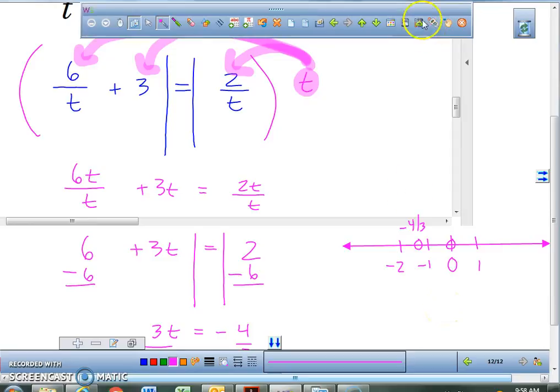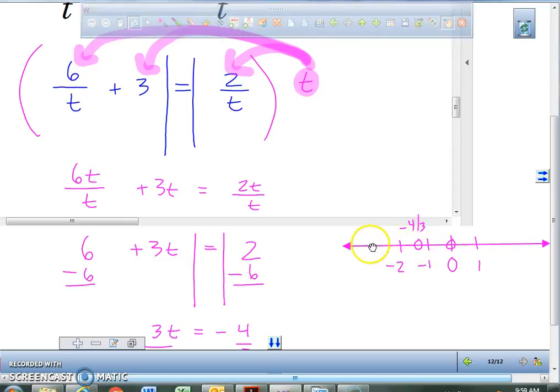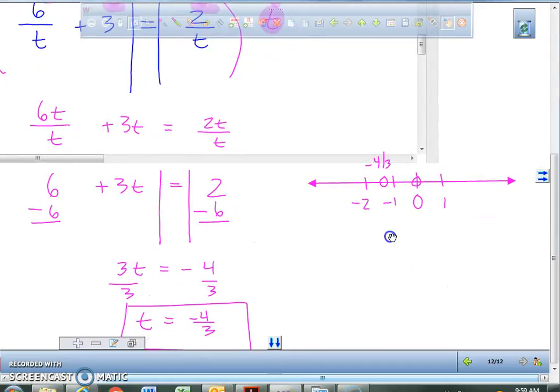So here's the situation that can happen. Either our answer is going to be between these two numbers, or the answer is going to be going from here this way, or here this way. Let me show you the possible answer choices.